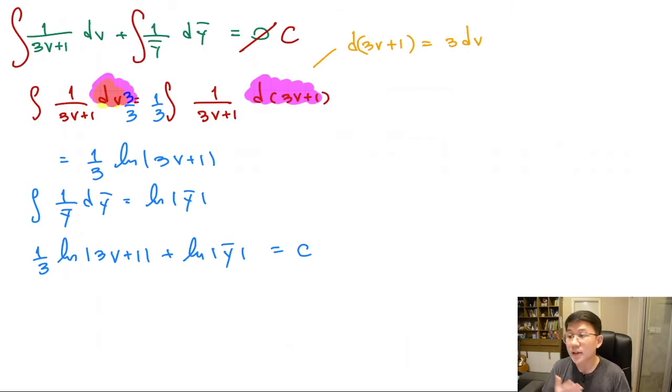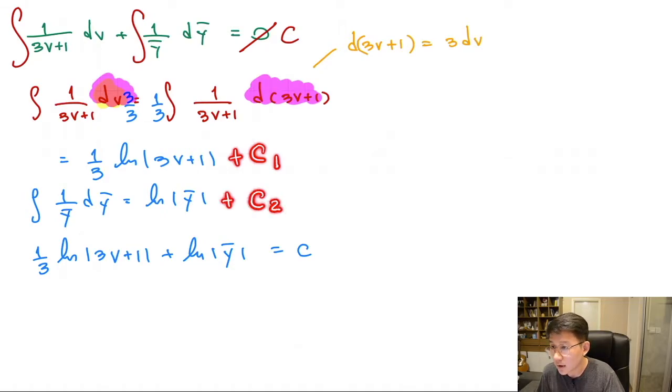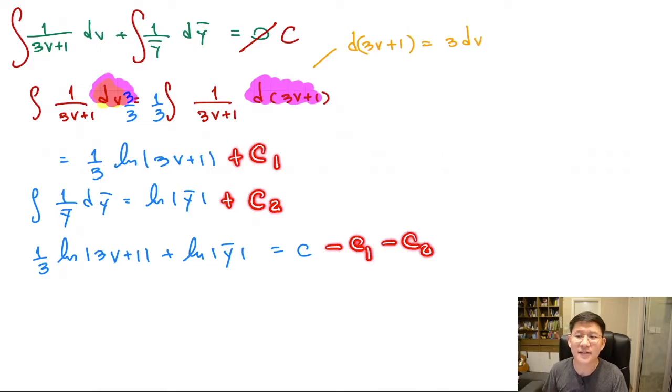And then guys, I've been asked multiple times that when we integrate this function, we should have c1, right? And when we integrate this function, we should have another constant, c2, and this should be c minus c1 minus c2, right? But in ODE, we just don't care. Why? Because c is a constant.